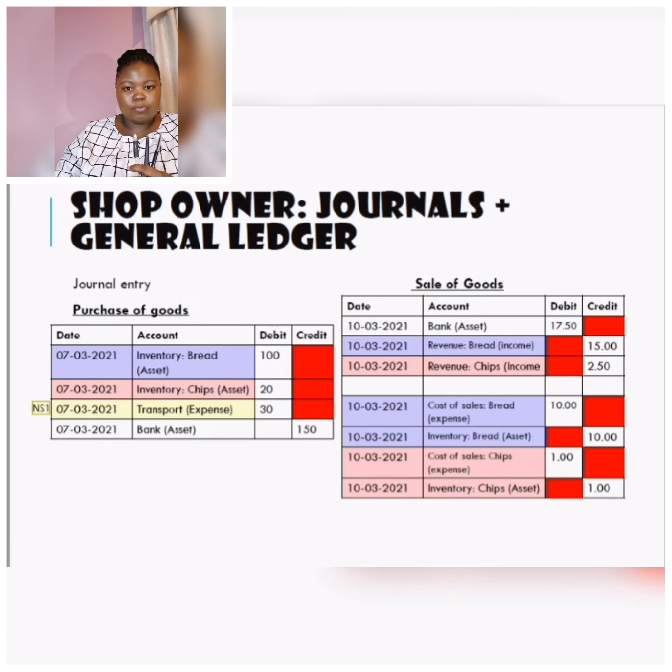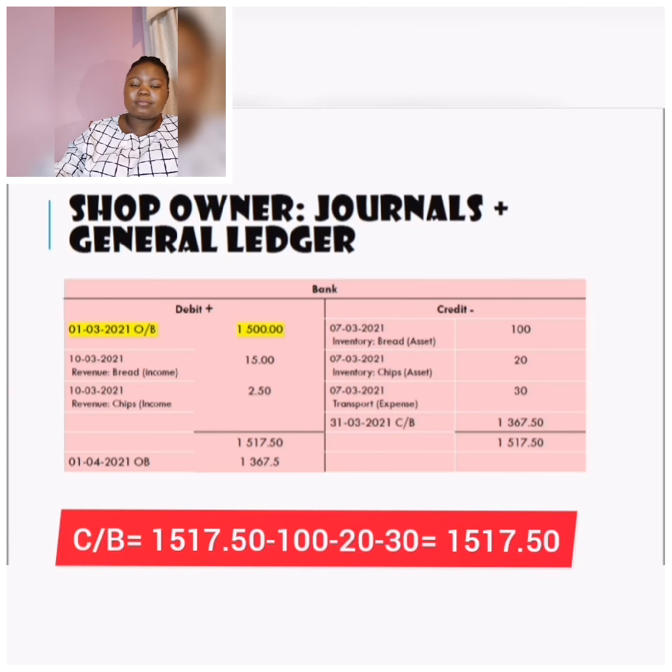We'll continue with our inventory example. How do you record that you had 4 pens but now you are left with 3? How you record that in your journals is, remember that we bought our inventory for 100 rand, and we have the 20 rand for our chips, and then transport expense, and your bank will be 150 because you spent 150.